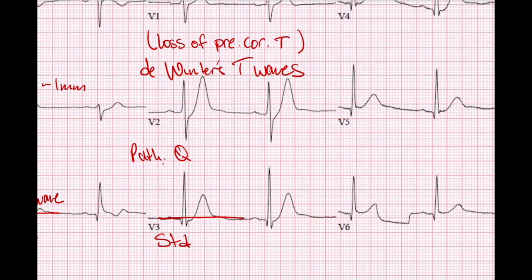And then, again, very similar to the De Winter T wave pattern, right? So we have that ST depression with that upward sloping into the T wave. The T wave itself looks pretty bigger than it should, especially when comparing it to the V6 T wave. So a pretty good argument for that De Winter T wave.